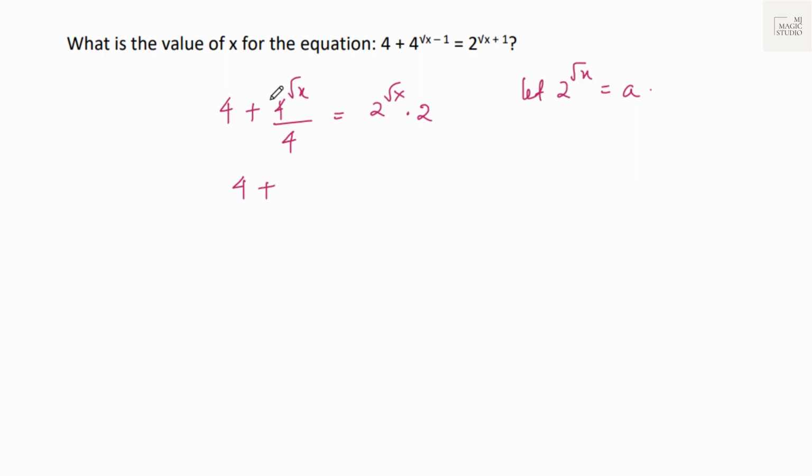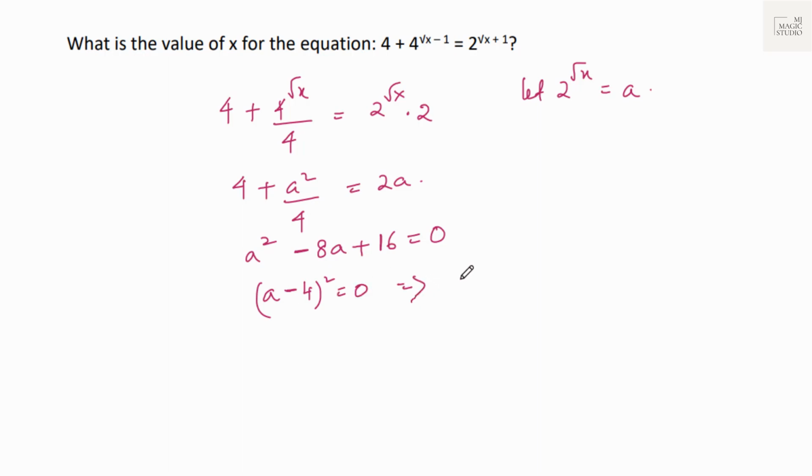Then this is 4 plus (2 to the power root x) whole square, that is a square by 4, equals 2a. Or we have a square minus 8a plus 16 equals 0 if I multiply throughout by 4 and take everything on one side. So this is a minus 4 whole square, which gives the value of a as 4.